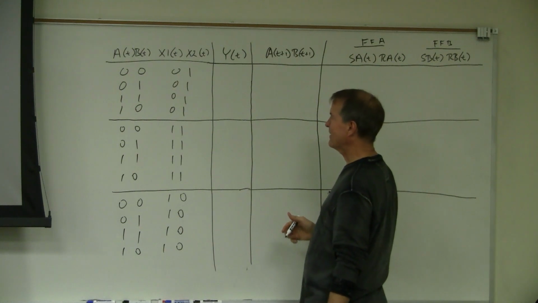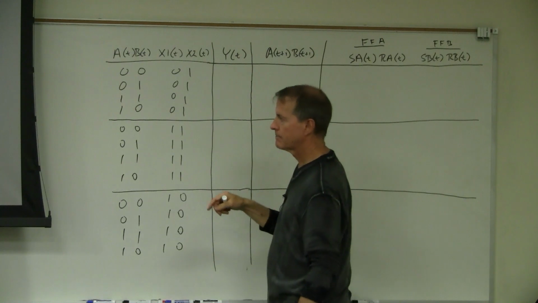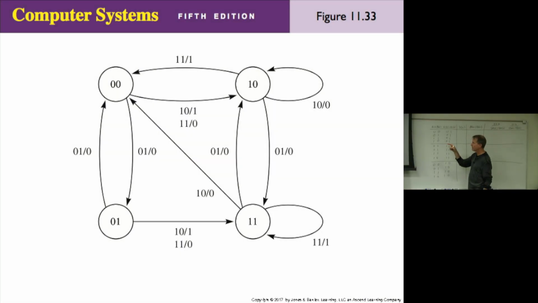The first thing we'll do is go from the state transition diagram to the table. So let's do the column for y at time t. And now, how are you going to figure this out? We are in state 0, 0.